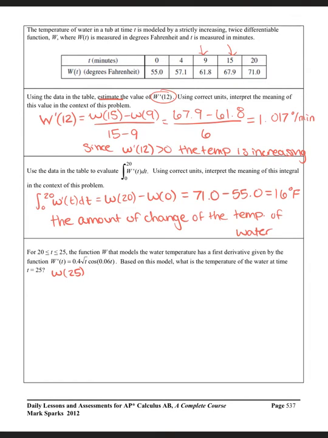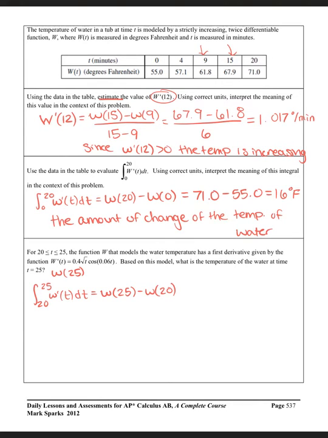So this is where we use the fundamental theorem of calculus to integrate. Instead, we are going to go from 20 to 25 of w prime of t dt. Based on what we know from the fundamental theorem of calculus, this is equal to w of 25 minus w of 20.